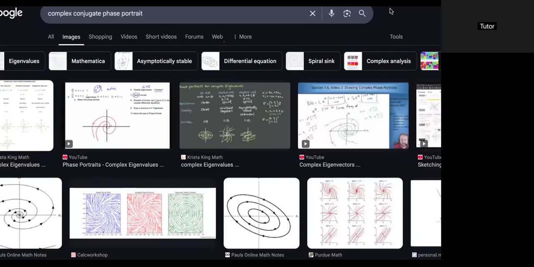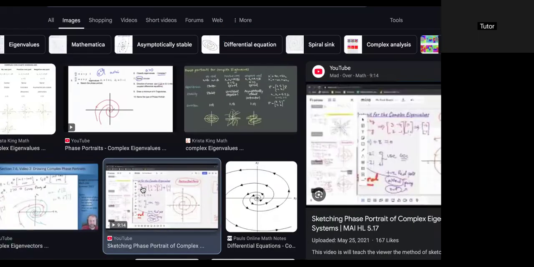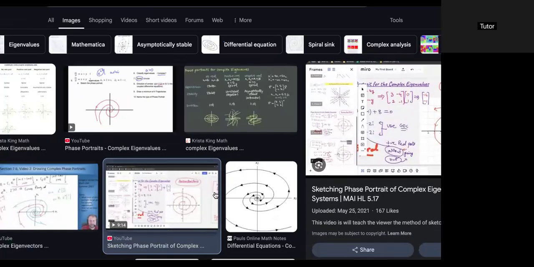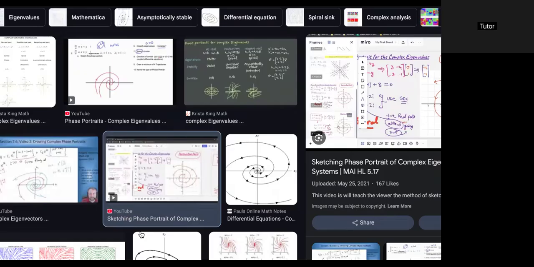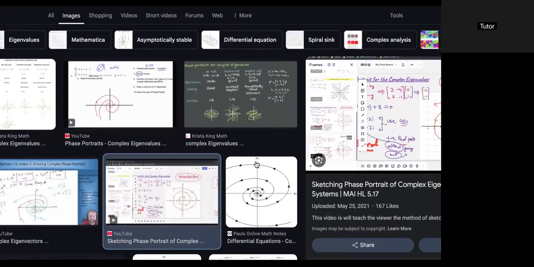A Google search of the phase portrait of a complex conjugate shows that it simply gives us a spiral. However, we want to know whether it's spiraling in or spiraling out. So how would we determine that?